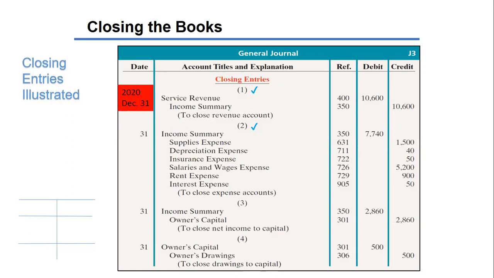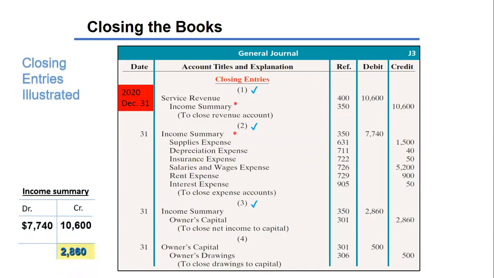Then we move to the third step, where we have to close the income summary. And as you see, the first time we saw the income summary, it was when we were closing the revenues, and it was income summary credit, 10,600. And the second time we see income summary, it's when we were closing the expenses, and also it was debit.